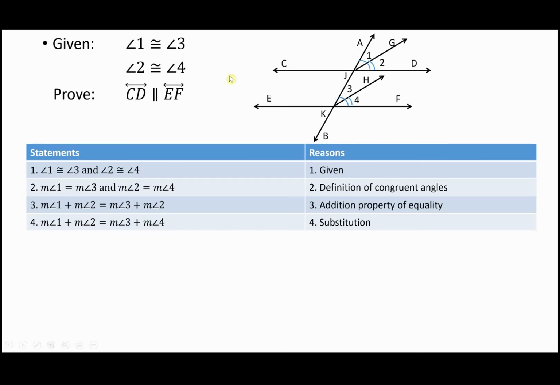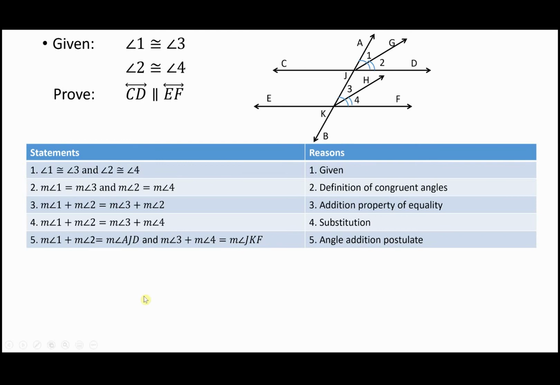So from statement 3 to statement 4, please notice the only difference is that this measure of angle 2 on the right hand side of the equation turned into a measure of angle 4, and it's cool because in statement 2 the latter, the second equation, linked those two values up as being equal. And anytime two things are equal, you can always directly replace one thing for another, and that is substitution.